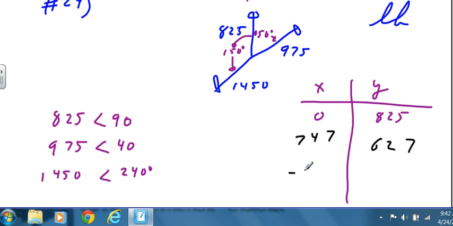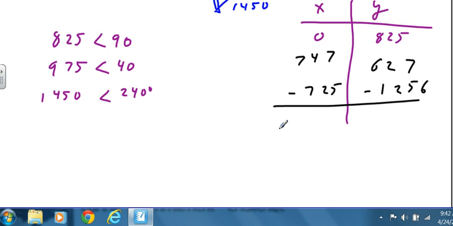And I get a minus 725. And 1450 times sine 240. And I'd get a minus 1256.